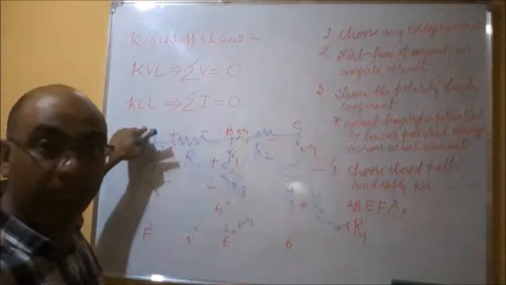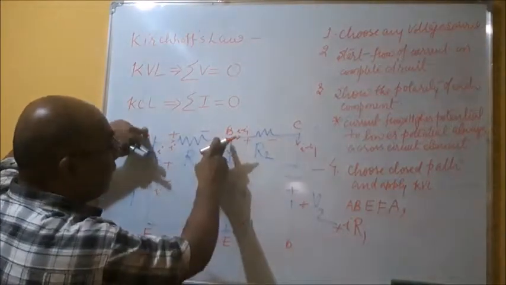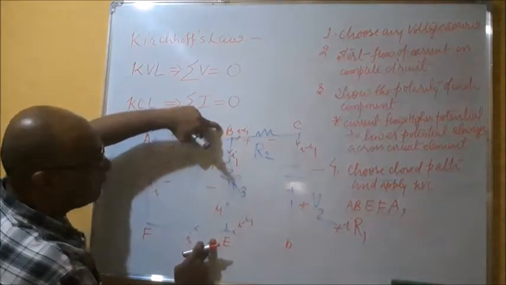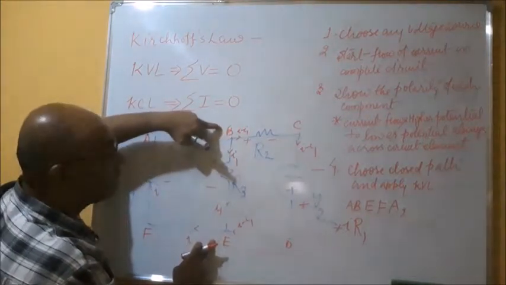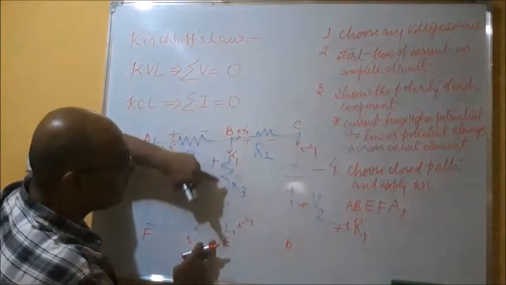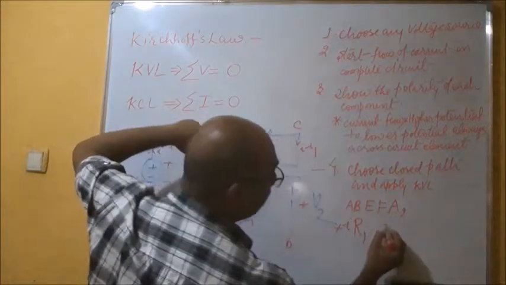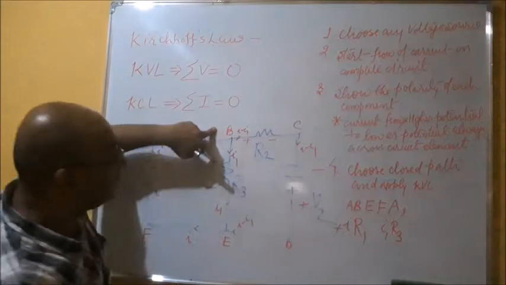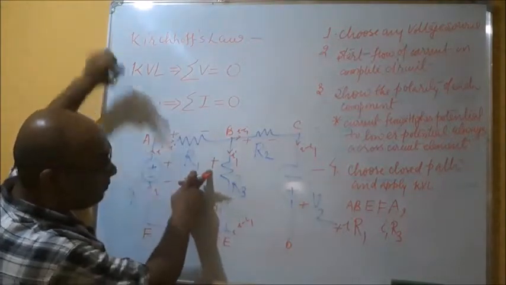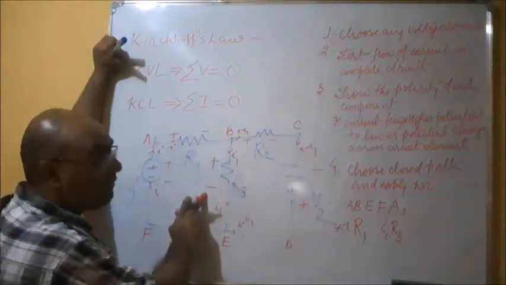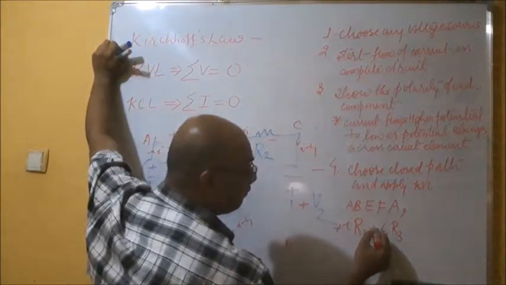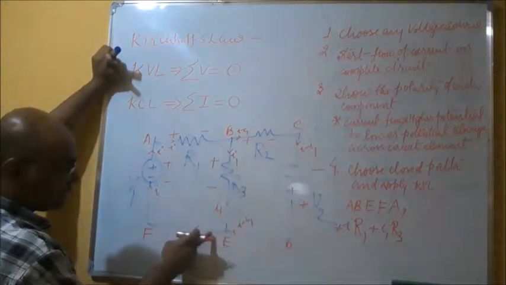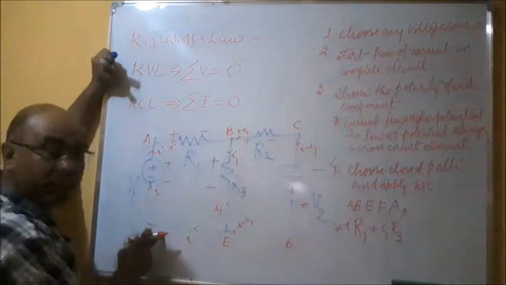Is it okay? Now I am at B, so go from B to E. When you go from B to E, the value of voltage is I1 R3. Since I am again moving from plus to minus, I will take plus. Now you go further; there is no component, so leave it.